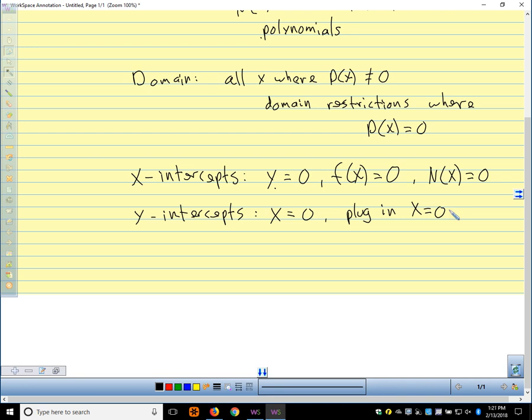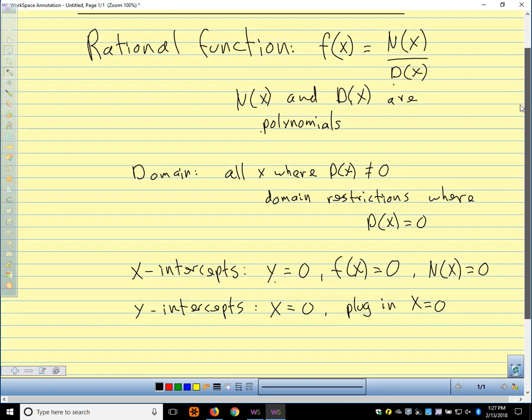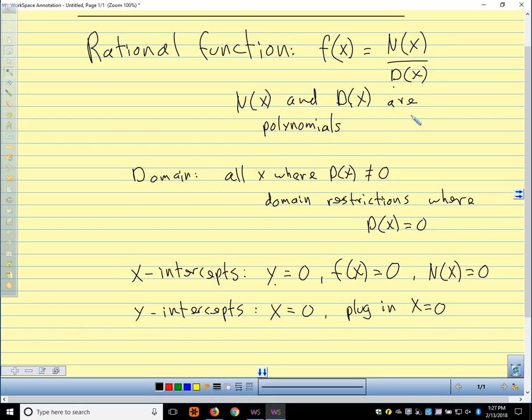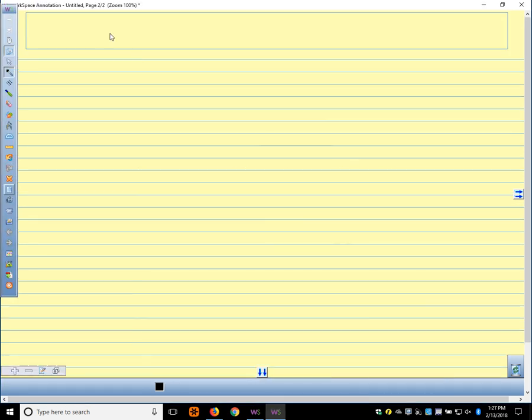Another important piece of information, the thing that I think makes rational functions most interesting. Does anybody remember what happens with rational functions with their graphs? They can have holes, yes, and rational functions have asymptotes.